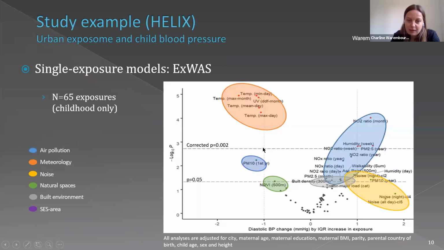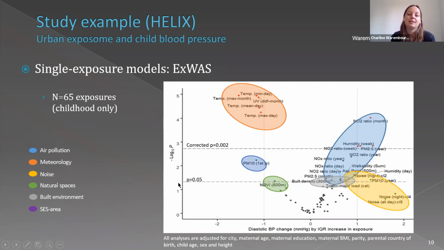So you can see that we have 2 different thresholds, the threshold usually used in environmental epidemiology or in statistics in general of a p-value of 0.05. And if we interpret the study using this threshold, we can also add some other associations, including a lower blood pressure in association with green spaces or higher blood pressure in association with noise and some built environment variables.